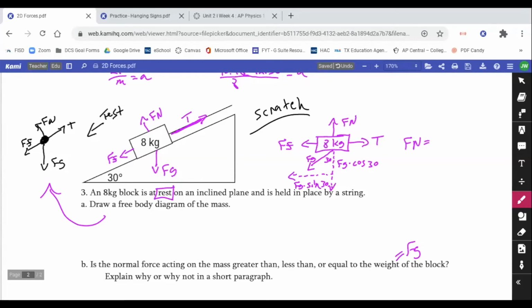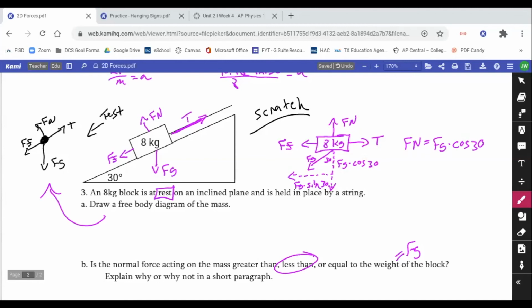In this case, the entire downward force is force of gravity times the cosine of 30. The force normal is equal to just one component of gravity, not all of gravity. So that means force normal is less than Fg because it's equal to just a fraction of Fg.